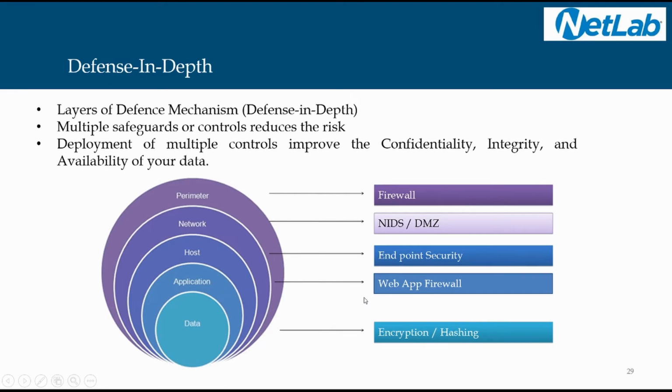Application level security can have a WAF, web application firewall, and data can be secured by encryption, decryption, and hashing. So by cryptographic methods, you can save the data. This is what is defense in depth. Defense in depth is nothing but layers of defense.